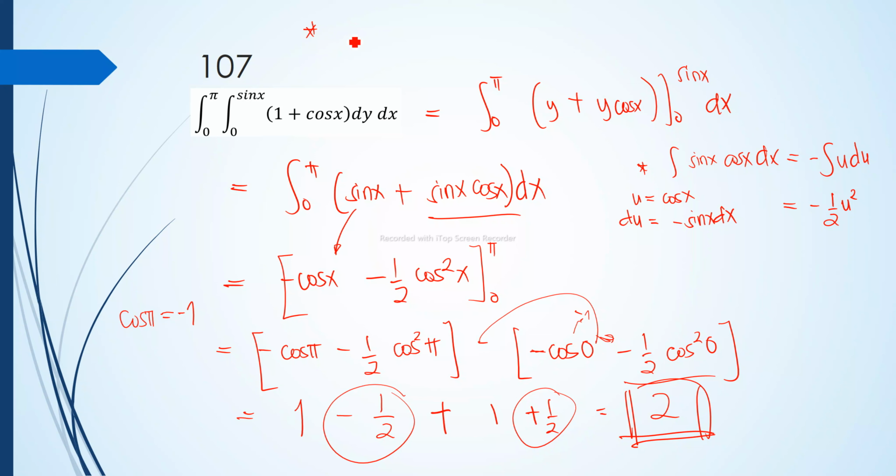For the other one, we have a solution, negative cosine x plus sine squared x over 2, plus c. And for the other, the general solution becomes negative cosine x minus cosine squared x over 2. So they just yield the same answer.